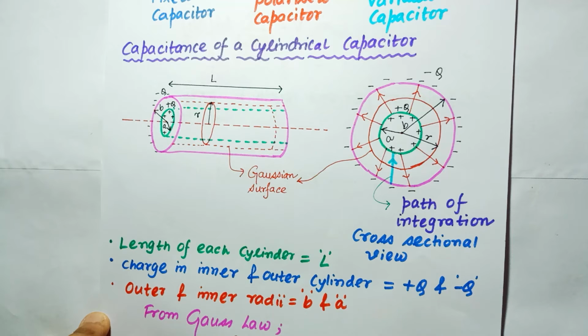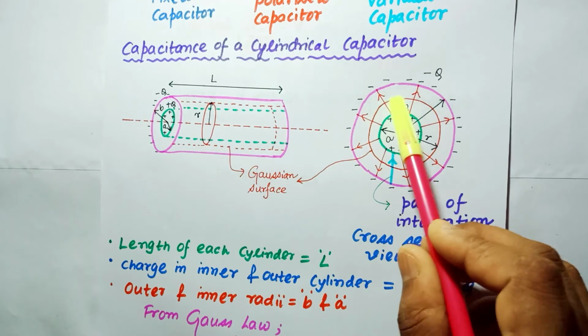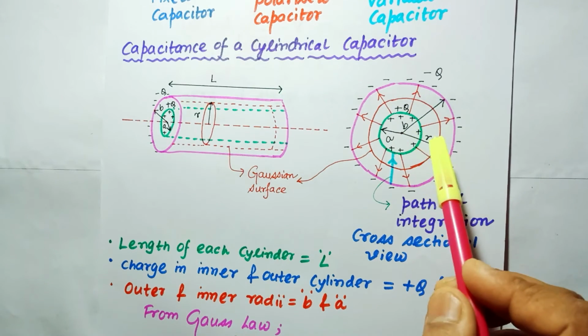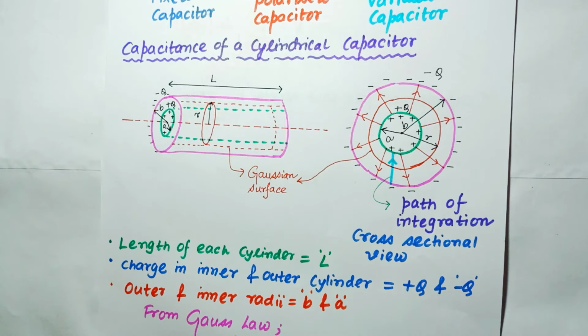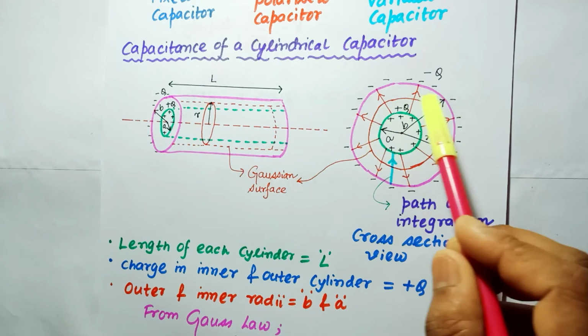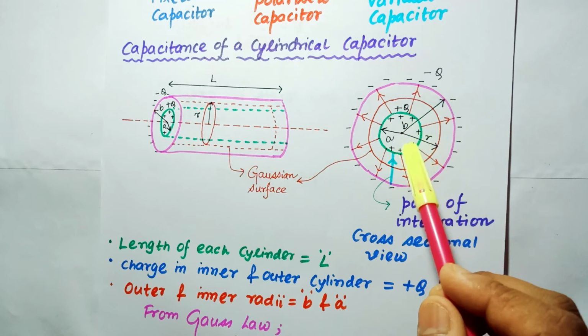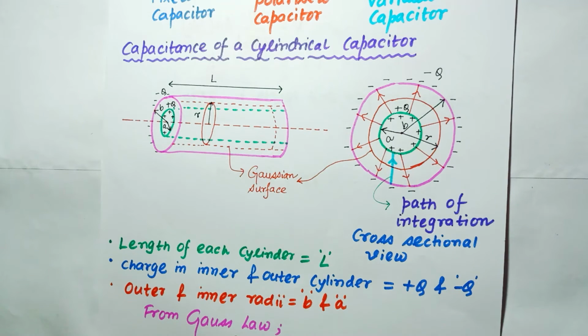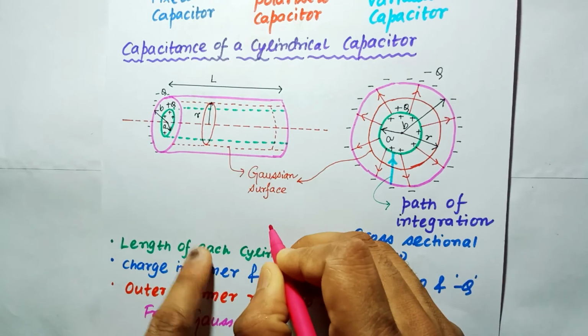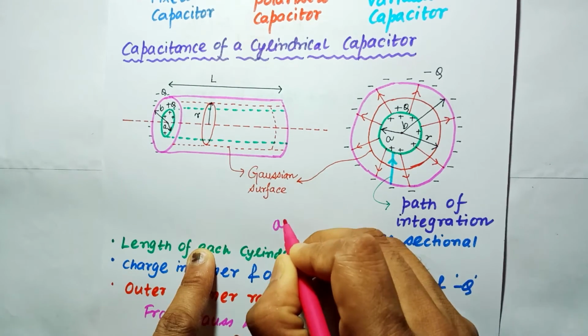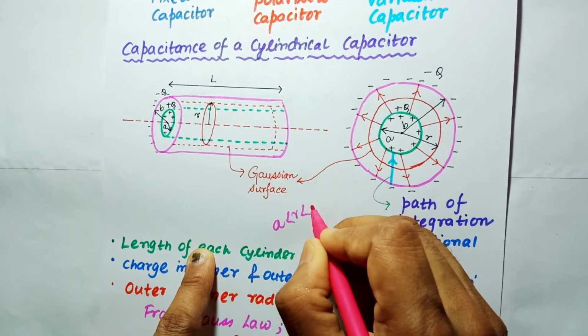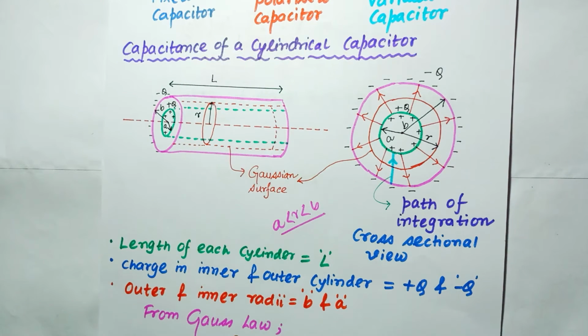So I choose a Gaussian surface here. You can see the Gaussian surface is here. It has a radius r, which is in between a and B. So I choose the Gaussian surface in between the two concentric surfaces of the cylinder, where a is less than r less than B. So this is the criterion.